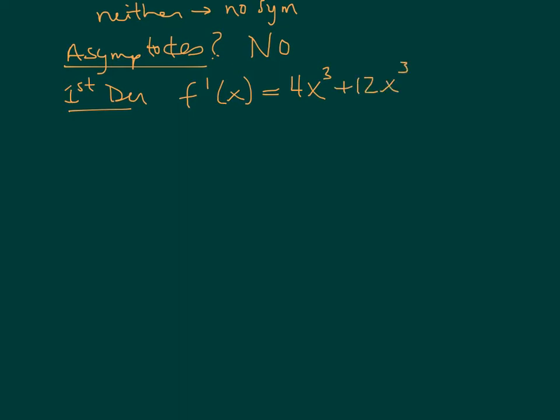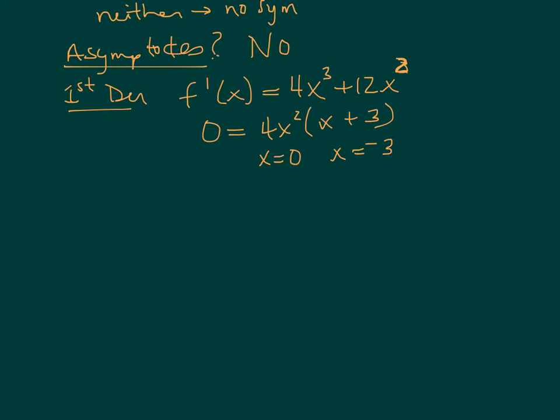We want to go through the process of finding the intervals of increase, decrease, relative min, and relative max. So that means we need to find our critical values. I'm going to factor out a 4x, oops, this should have been a squared, 4x squared, and I would be left with x plus 3. And so I get x equals 0 and x equals negative 3.